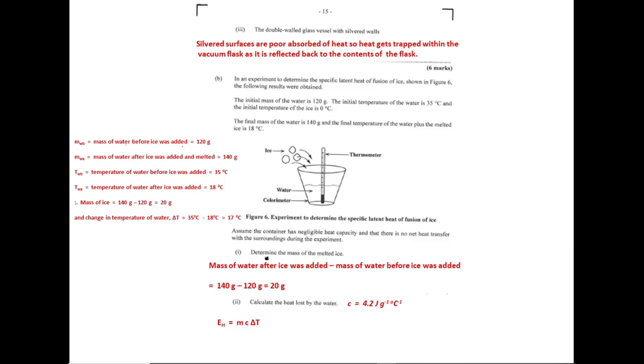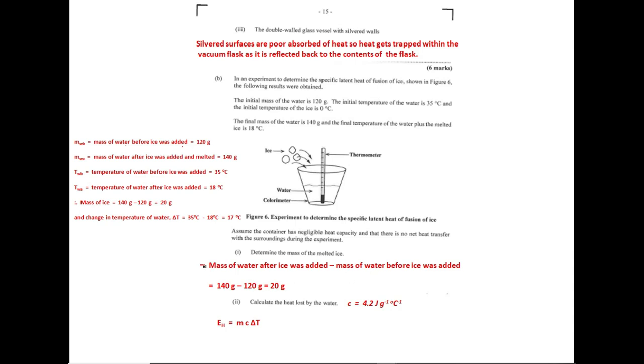So it says determine the mass of the melted ice. This was the easiest question of the lot because all you had to do was subtract the mass of the water before the ice was added from the mass of the water after the ice was added. So I was real specific with my wording. So 140 minus 120 grams gives you 20 grams. So that would be the mass of the ice, right?